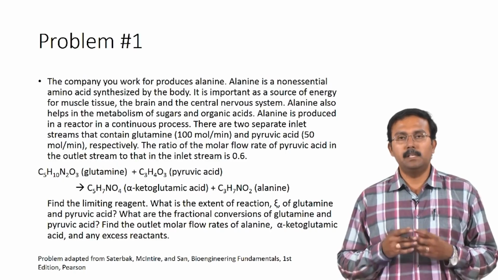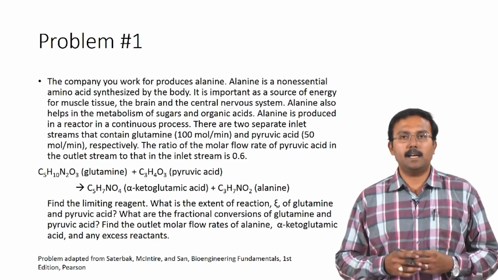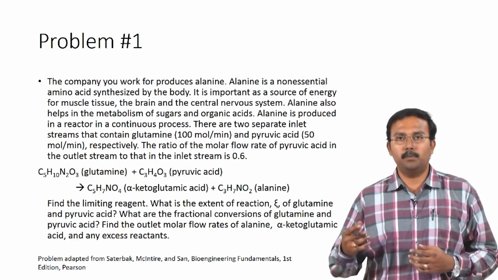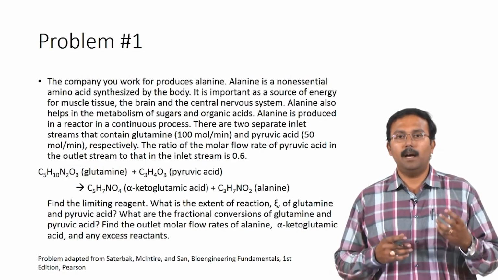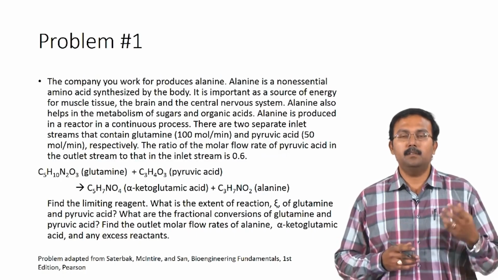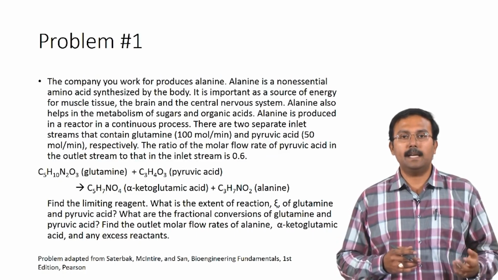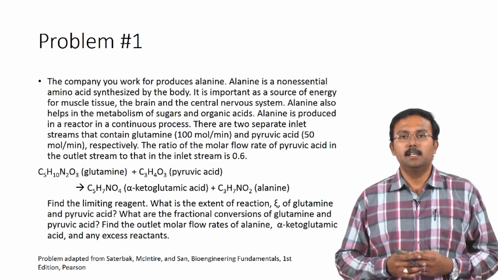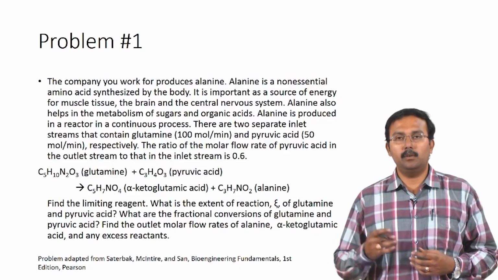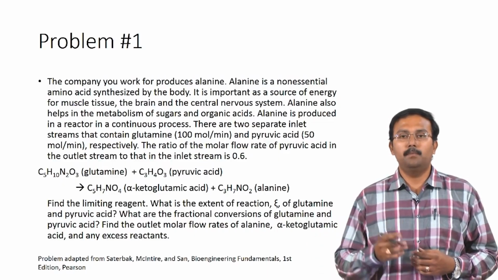So this is a simple single unit process with a single reaction. Here glutamine reacts with pyruvic acid to form alpha ketoglutaric acid and alanine, and we have also been given the molar flow rates for the reactants glutamine and pyruvic acid. We have also been told the ratio of the outlet to inlet streams for pyruvic acid.